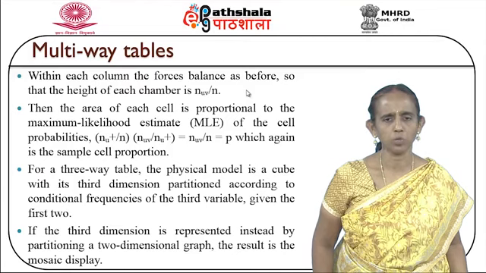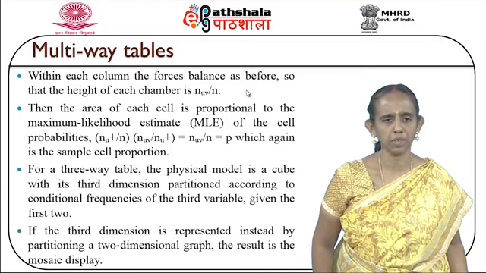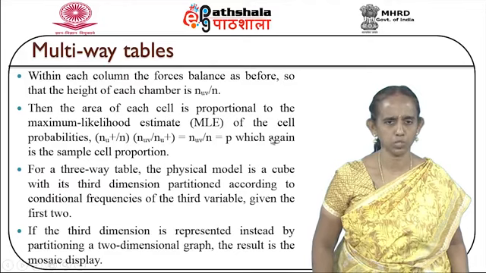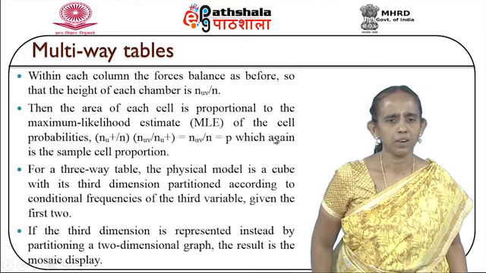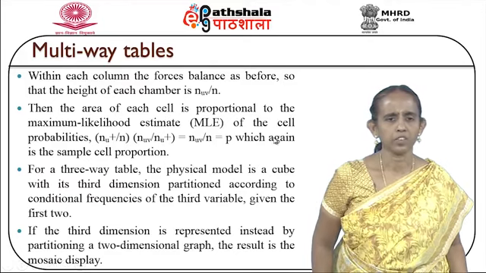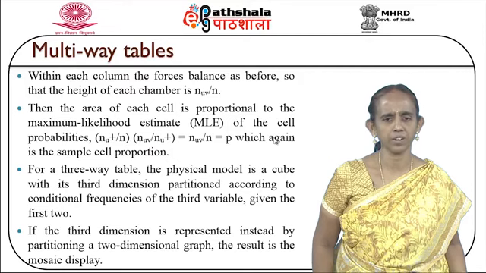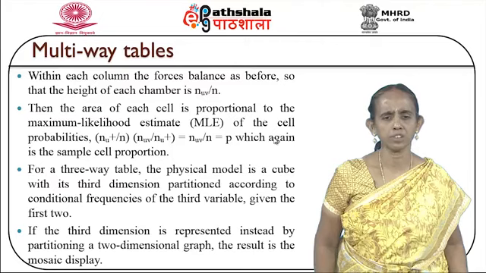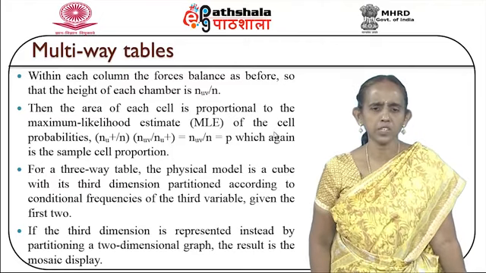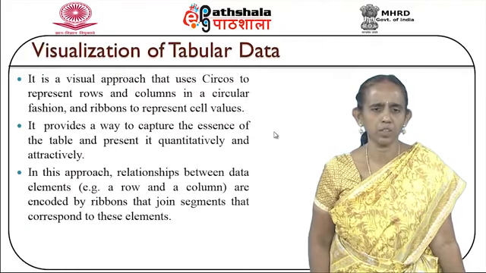That is equal to n_uv by n, which is equal to p, which again is a sample cell proportion. For a three-way table, the physical model is a cube with its third dimension partitioned according to the conditional frequencies of the third variable given the first two. If the third dimension is represented instead by partitioning a two-dimensional graph, the result is a mosaic display.